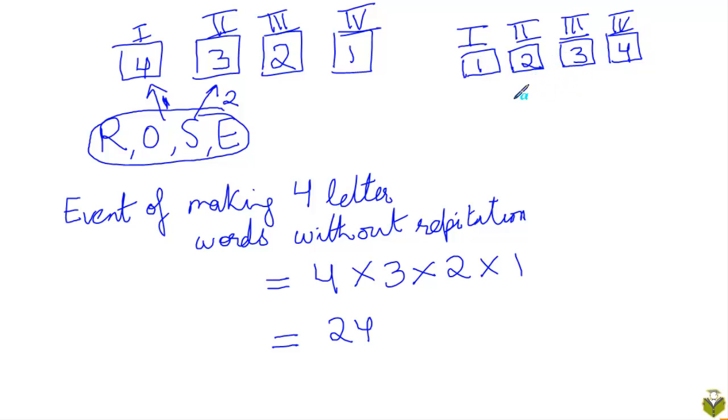And still you can see that the answer is the same. You multiply the same numbers and get 24. So in some cases it does matter which box you fill in first, but not in this problem. I'll cover another kind of problem in the next section where this order will matter.